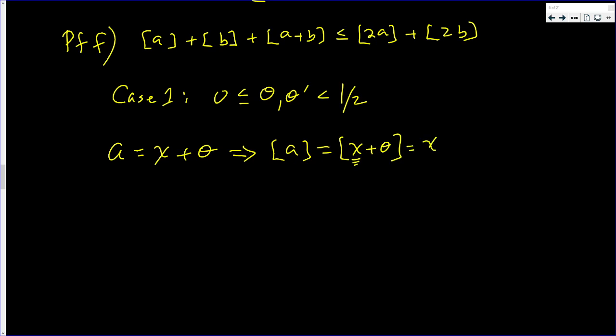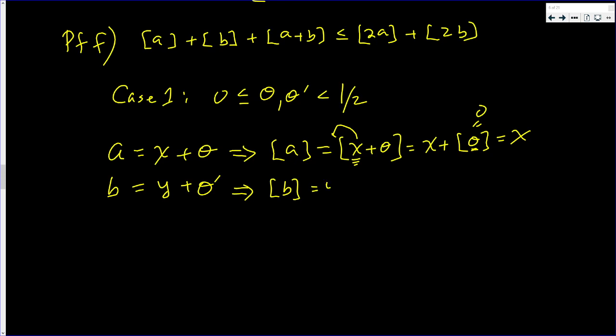And we actually proved in this video that that integer can just come out in front. Now, since this is between 0 and a half, this is 0. So that's x. And if we define b to be y plus theta prime, by symmetry, we get that the integer part of b is y.